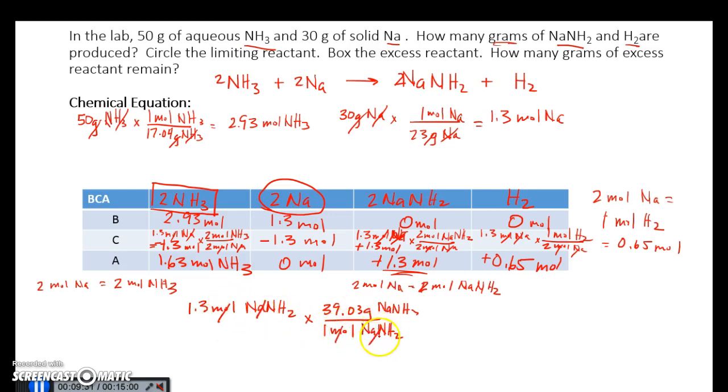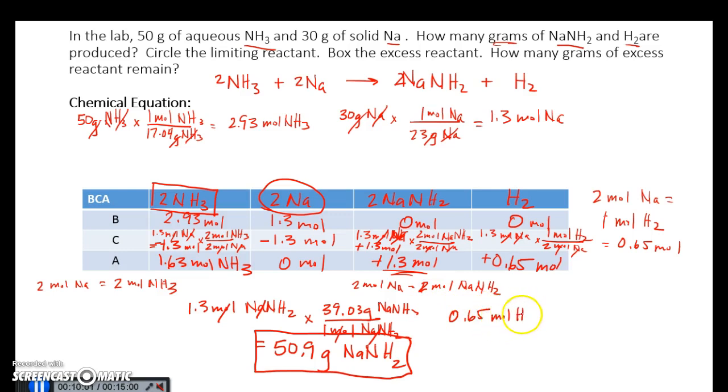These cancel out, and with my calculations, my answer works out to be 50.9 grams of NaNH2. So that's one of my answers. It also asked me to see how many grams of H2 I have. So I know I have 0.65 moles of H2.